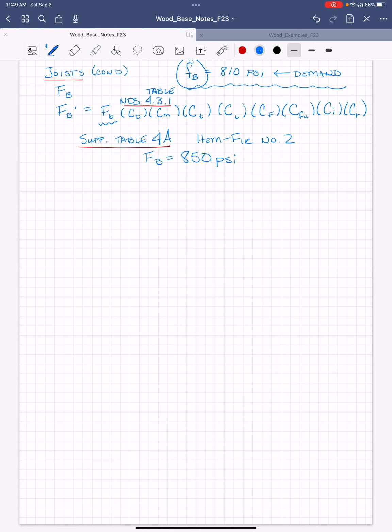Okay, so let's just march through these. C sub D is the load duration factor. For this one, you go into page 11 of the NDS, which is table 2.3.2.